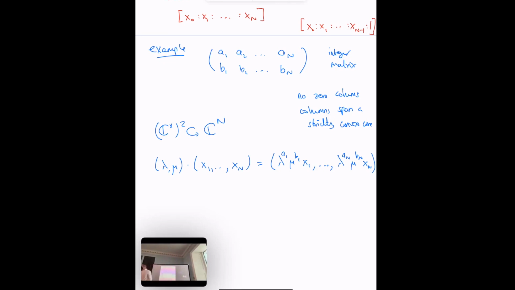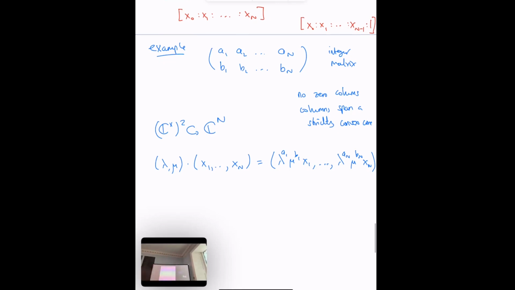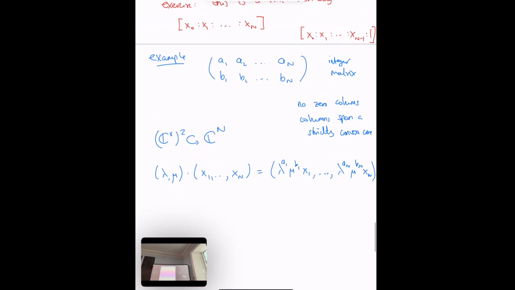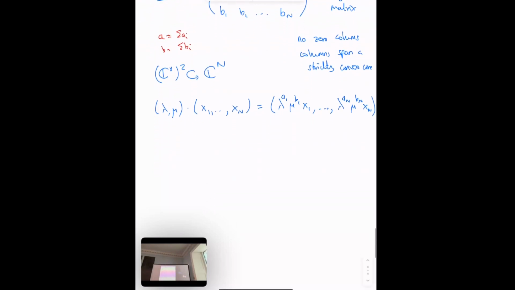But I'm also going to need to delete some other bad orbits. If I set A to be the sum of the ai's and B to be the sum of the bi's, then I can define two subspaces, which I'm going to delete.